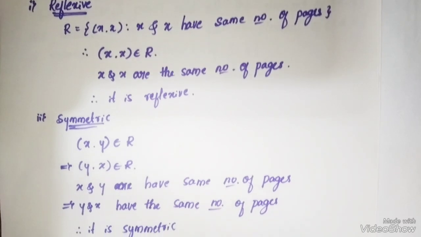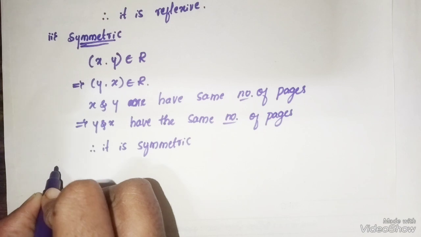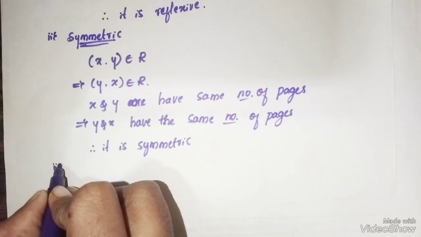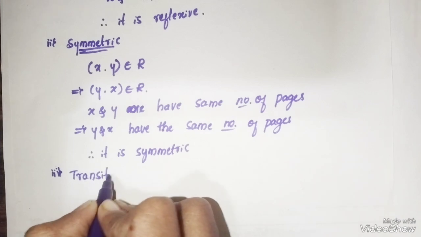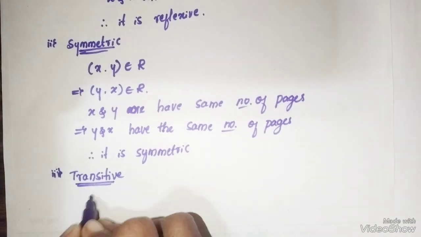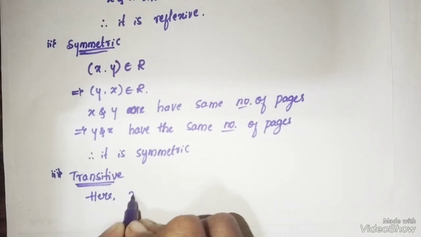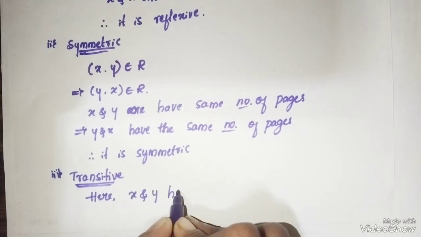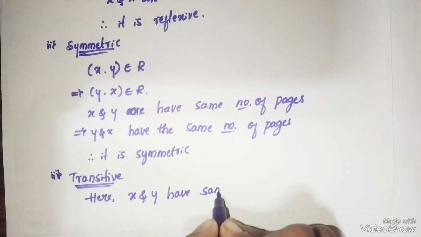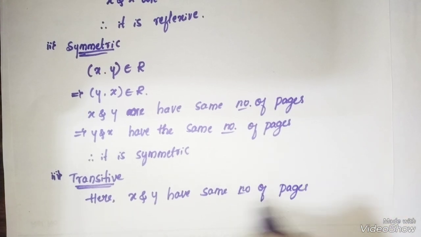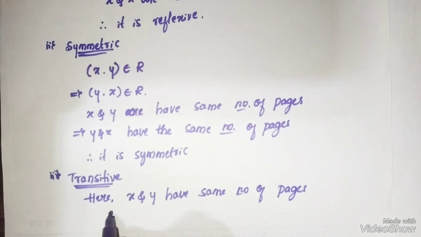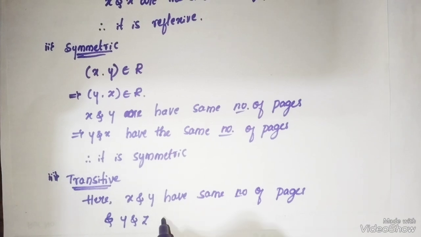Again, we consider the third condition, transitivity. Here, x and y have the same number of pages. Again, y and z are also books containing the same number of pages.